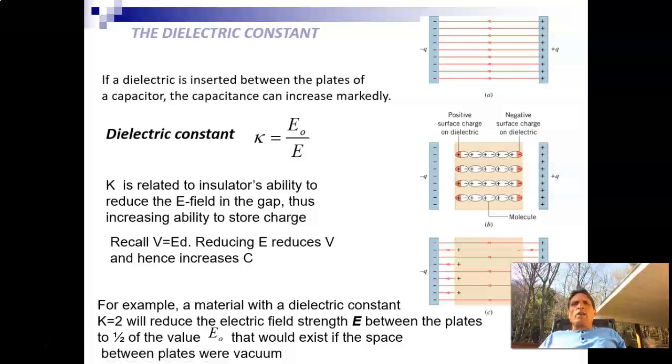So my claim is that this will increase the capacitance by reducing the electric field in between the plates. Okay, so we'll get into why it does it, but let's just show first that if we stick a chunk of polarizable material, like a dielectric, in between the plates, that we're going to reduce the electric field.